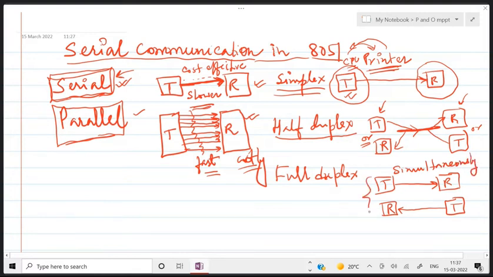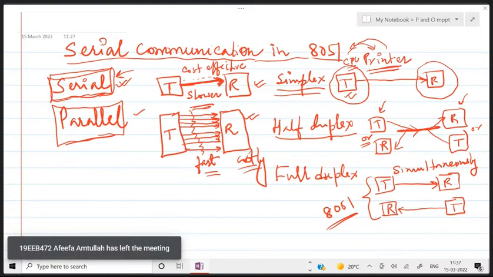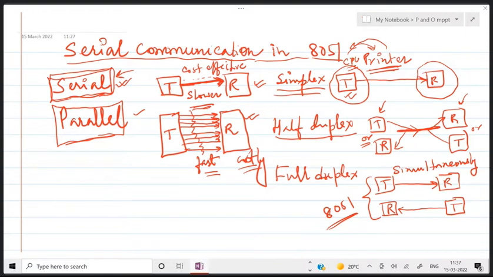This feature is available in 8051 with the help of two pins, one is the RxD pin and the other one is the TXD pin. The TXD pin is on port 3, P3.1, and P3.0 is the RxD pin of 8051. So full duplex operation is possible.